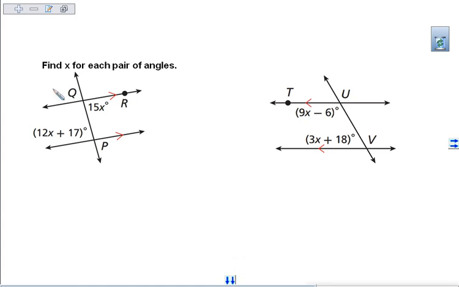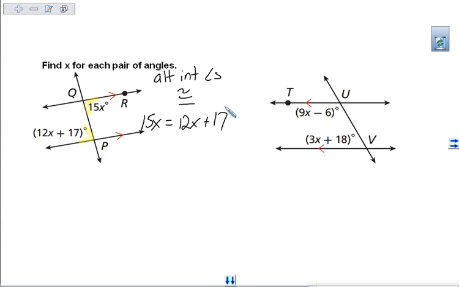Next up, what kind of angle pair do we have? Alternate interior angles. And what do we know about alternate interior angles? They're congruent. So that means we can set these equal to each other. 15x equals 12x plus 17.